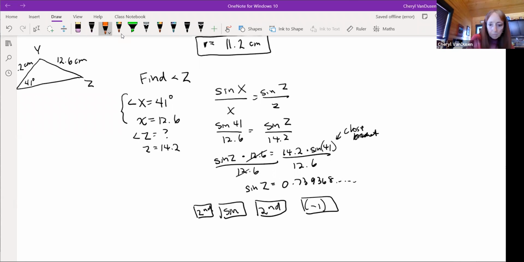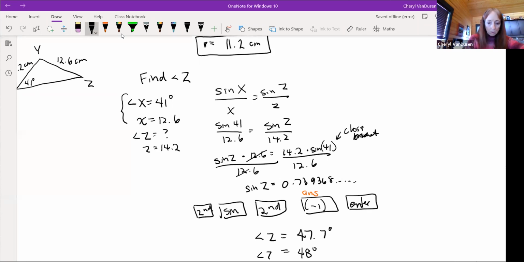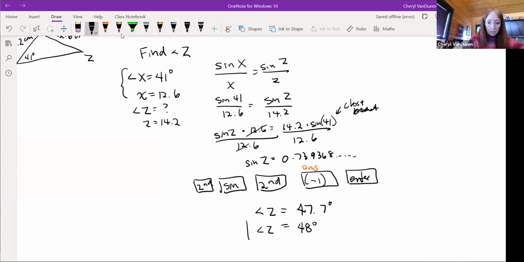Right above the minus button, it says ANS, which means answer, and then hit enter. That will find you the answer for angle Z. It pastes that big long number into your calculator. You can close the bracket if you want, doesn't really matter. And you get, rounding it off, 47.7. We usually like these as degrees, so angle Z is 48.